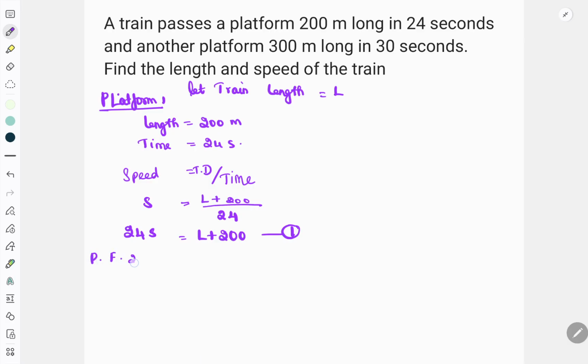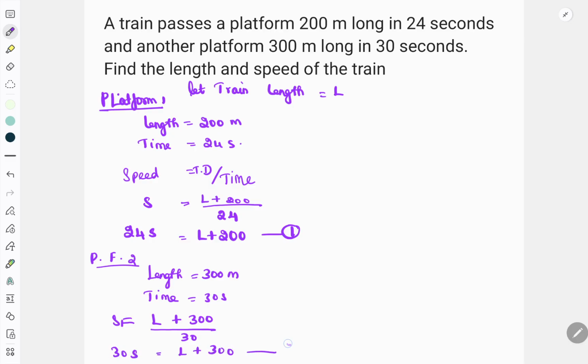Platform 2 length is 300 meter, time is 30 seconds. So speed equal to distance divided by time. So here total distance is train length L plus platform length 300 divided by 30. So 30 S is equal to L plus 300.